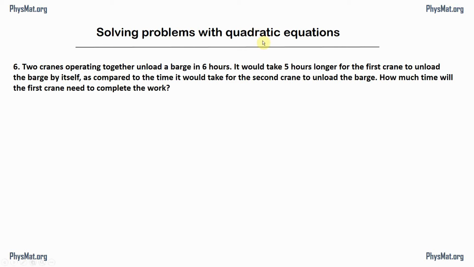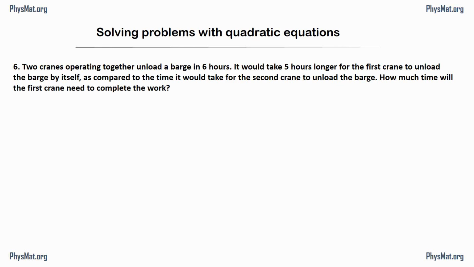And when they operate individually, it takes 4 hours more for the first crane to unload everything as compared to the time it takes for the second crane to do the work. So the question is, how much time will the first crane need to complete the work?